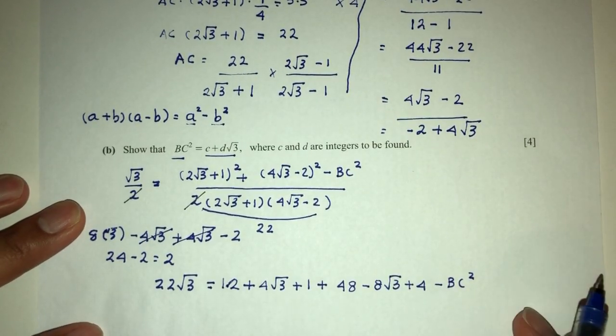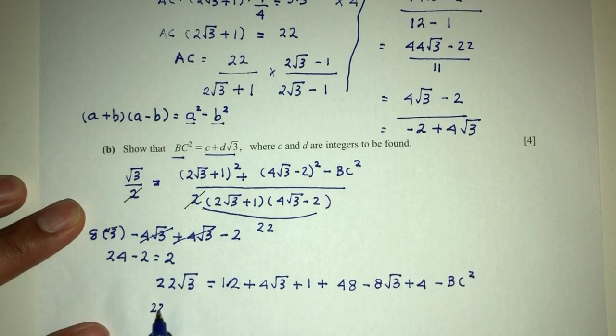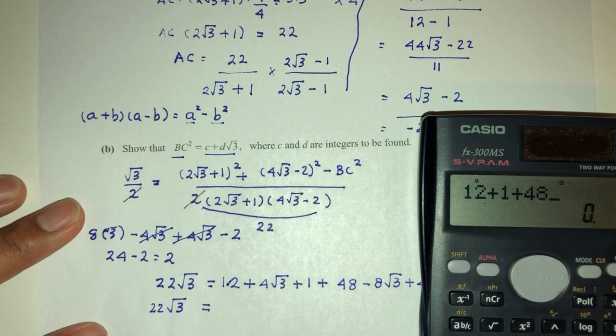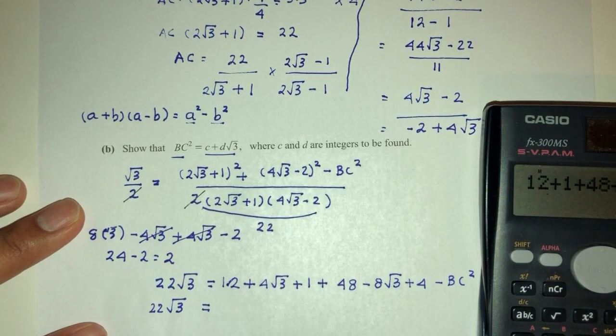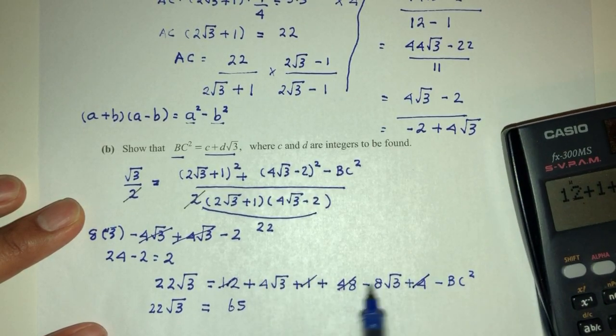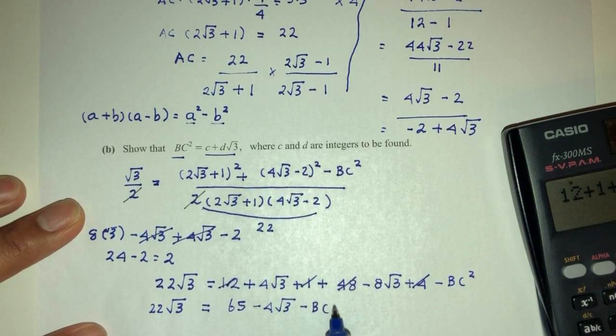So first let's simplify one by one. So here we have 22 root 3 is equal to 12 plus 1 is 13 plus 48. So 12 plus 1 plus 48 and plus 4. That will be 65. So this will go away for now. And I have these two. So 4 minus 8 will be minus 4 root 3 minus BC square.